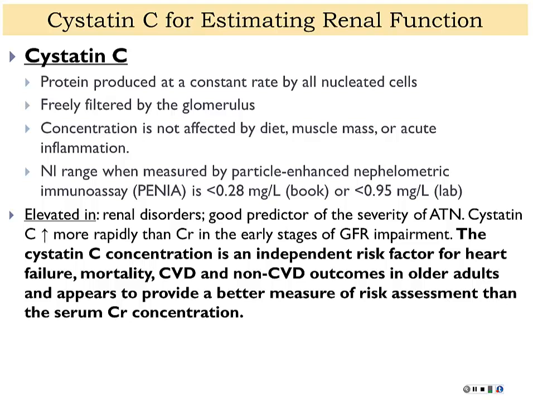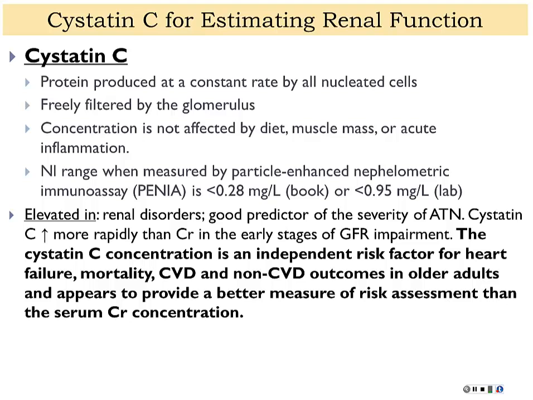Cystatin C increases more rapidly than creatinine in the early stages of renal impairment. Cystatin C concentration, just like creatinine, but more sensitively than creatinine, and similarly with C-reactive protein, is an independent risk factor for heart failure, mortality, cardiovascular disease, and non-cardiovascular disease outcomes in older adults, and it appears to provide a better measure of risk assessment than serum creatinine concentration.